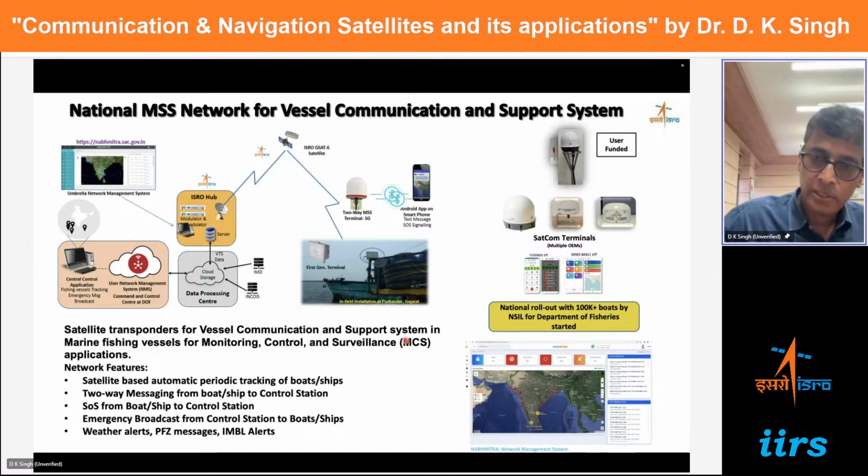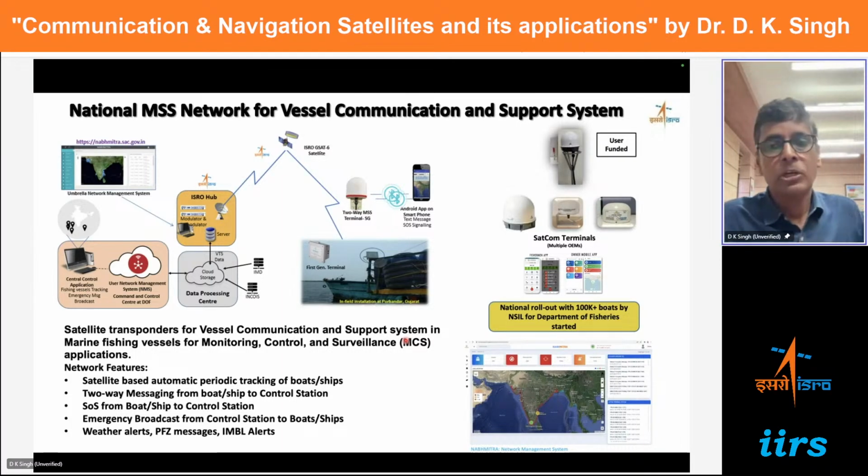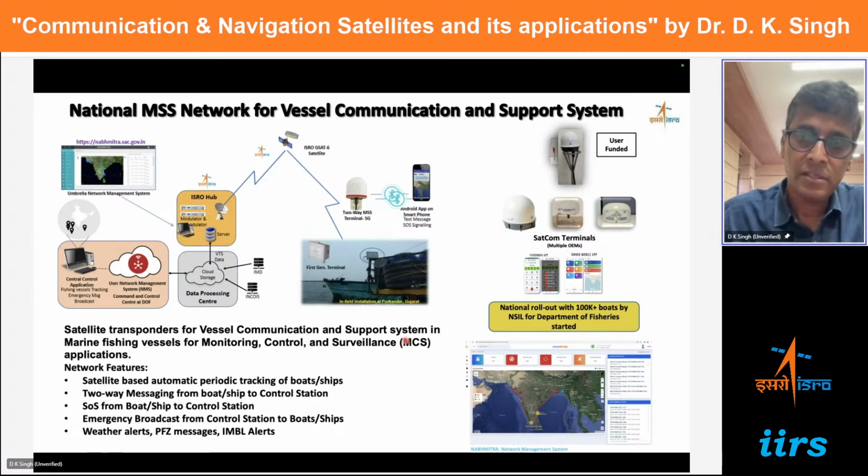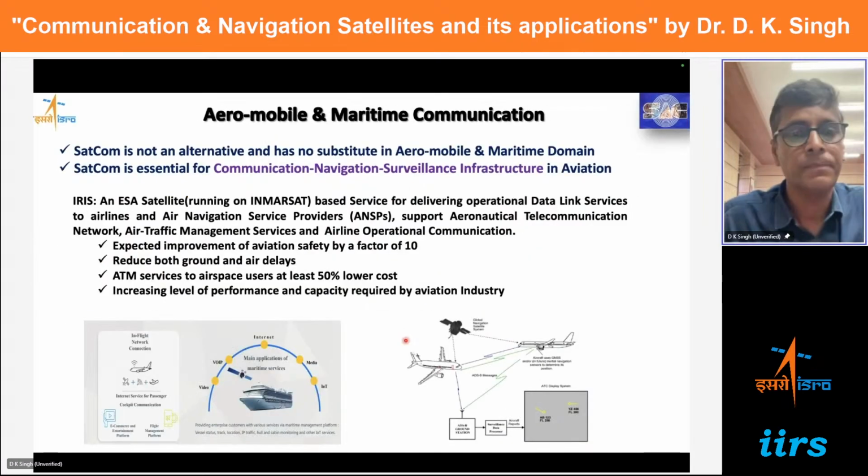They can even get weather information on those terminals. They can even press an SOS button and get rescue support and so on. So there are so many applications for mobile satellite communication, and this is done in a lower frequency band of around 2.5 gigahertz, that is S band.